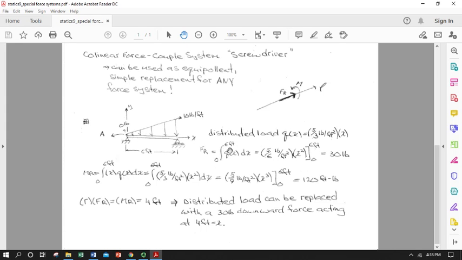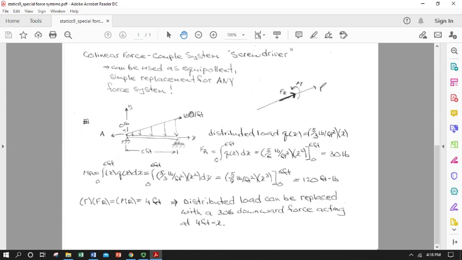So we get an expression Q as a function of x, x being the position along this beam. And this is a linear function, obviously. It's 0 when x is 0, and it's 10 pounds per foot when x is 6 feet, and so basically that's a line going through the origin. And so we use rise over run for our slope.